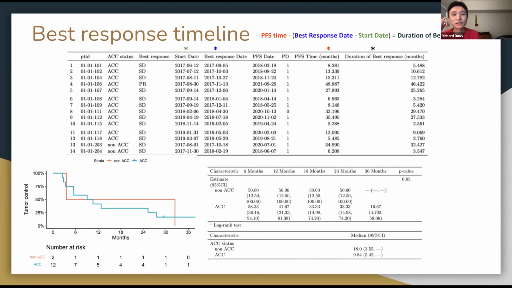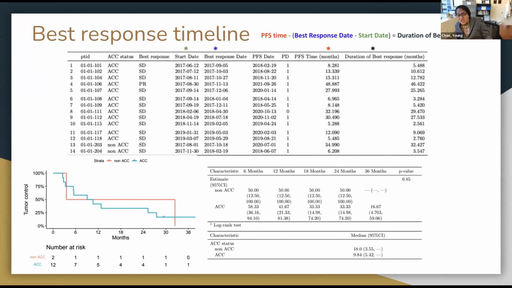Yeah, we could definitely calculate that from what they have, but they subtract the amount of time it took to get to that response. Yeah. So some best responses happen really late. I've seen it maybe at 1 year, it continues to shrink to 30%. And let's say they progressed 2 months later, then it's 2 months of duration based on best response.